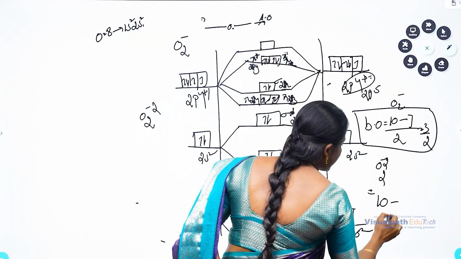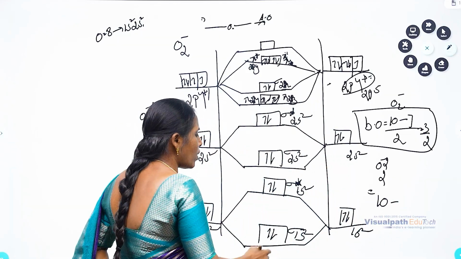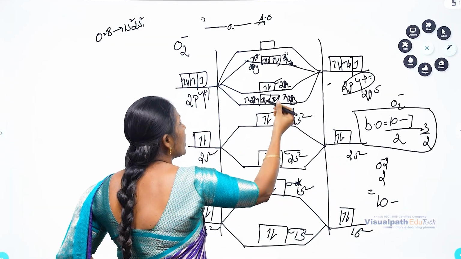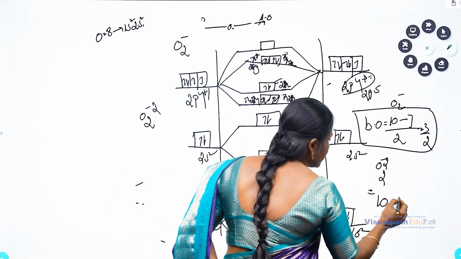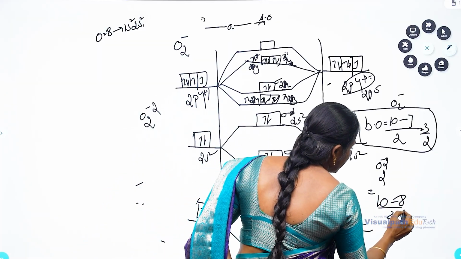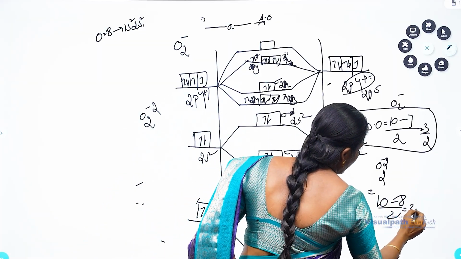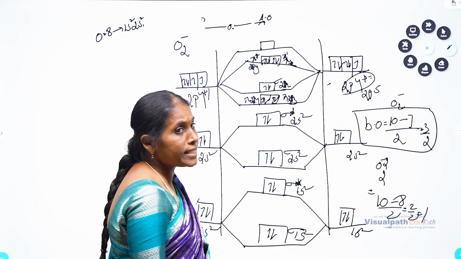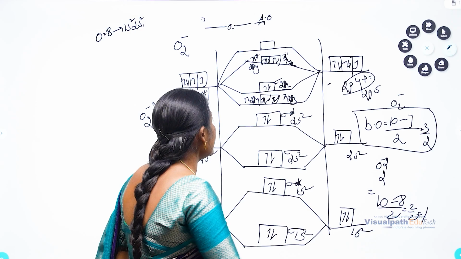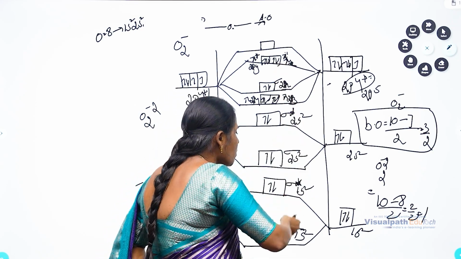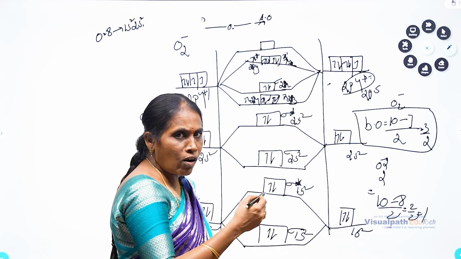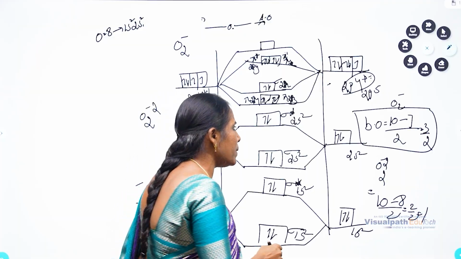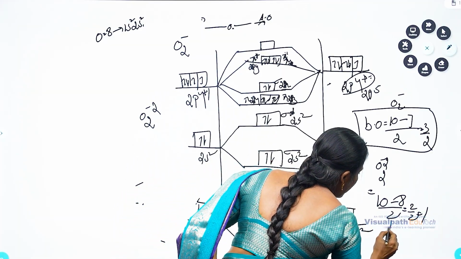Its bonding electrons are 10 and anti-bonding electrons are 2, 2, 4 and here 4, total 8. So 2 by 2, that is 1, is the bond order. And what is its magnetic nature? Here there are no unpaired electrons. Okay, here all these are paired electrons. Okay, paired means here it shows the diamagnetic nature.